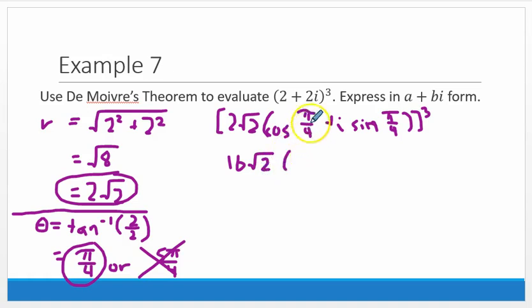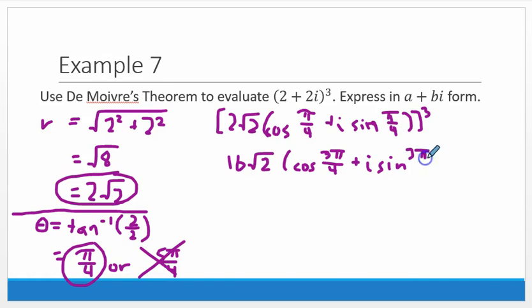And then inside for the theta values for the cosine and sine part, I just need to evaluate pi over 4 times 3 over 1. So that's going to end up being 3 pi over 4. Just multiply theta by the exponent. And then there was no simplifying to do on that one in this case.